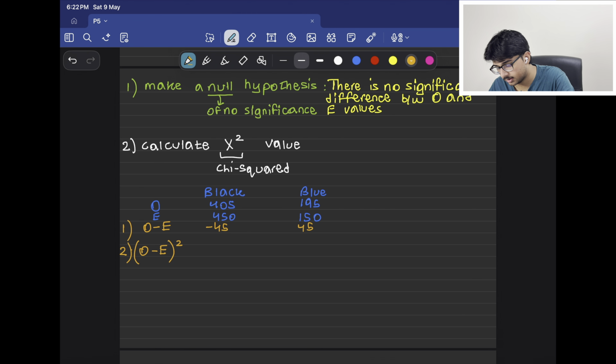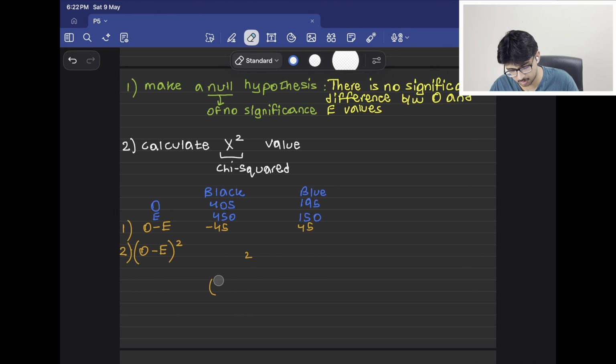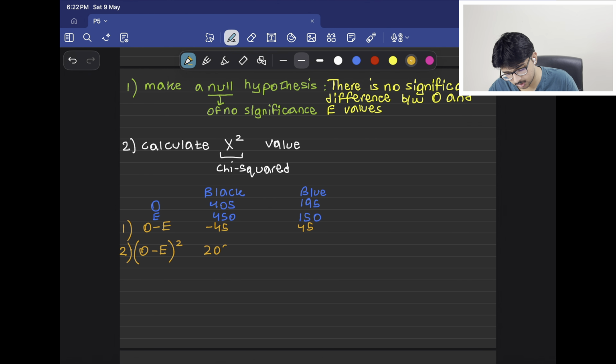So what is minus 45 squared? Remember, put the minus in the bracket. Never do this basic amateur rookie mistake. Don't do this. Do this. Put the minus inside of the bracket. You should know this by now, guys. So minus 45 whole squared. This turns out to be 2025, and then 45 whole squared is obviously the same number, that is 2025.